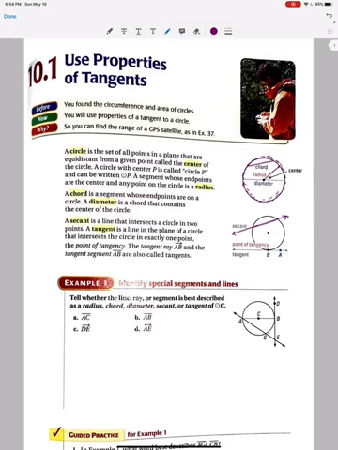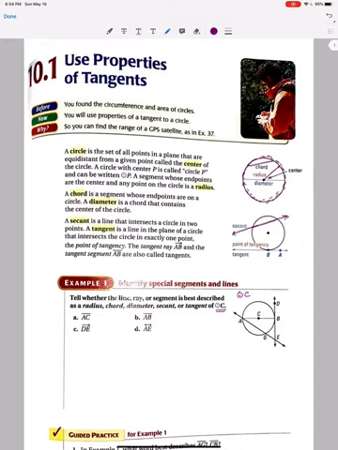All right, so let's practice this. It says, tell whether the line, ray, or segment is best described as a radius, chord, diameter, secant, or tangent of circle C. This is how we name circles, by the center point. So it has the symbol for a circle and then the center point, which is C. That's how we name circles, which is kind of interesting.